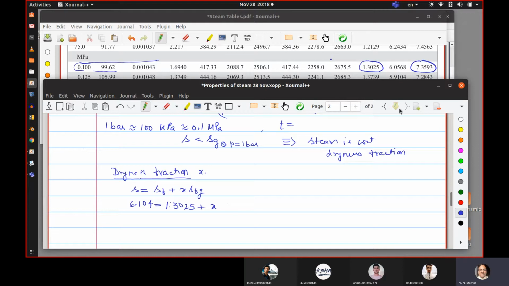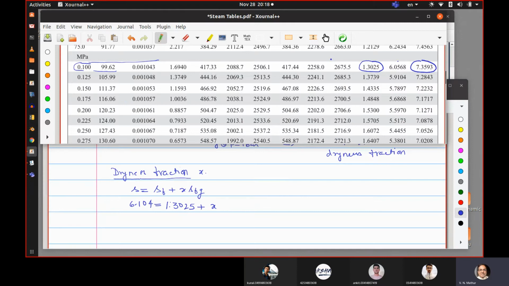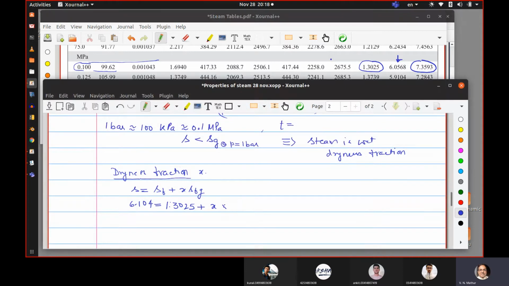The value is given directly here in the table. This one is 6.0568. So X multiplied by 6.0568 will give us the value of the dryness fraction.